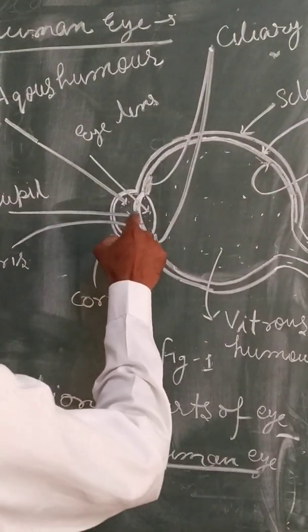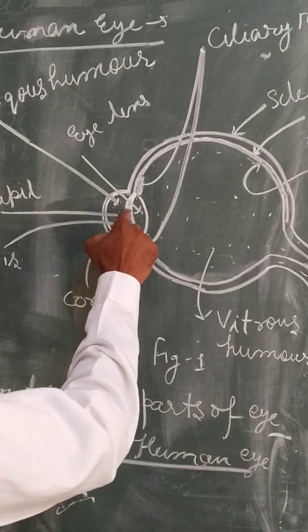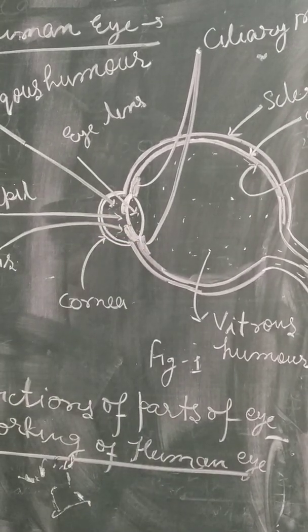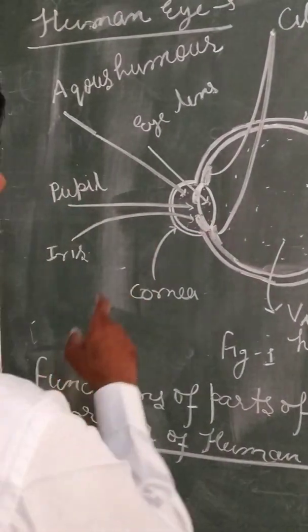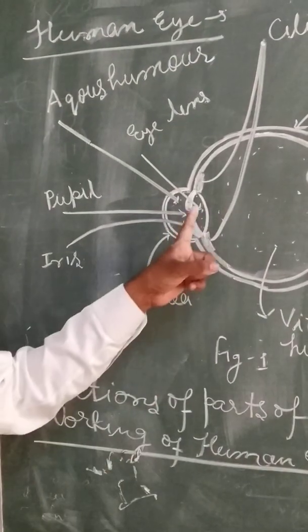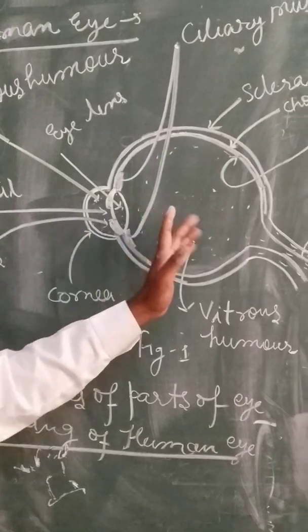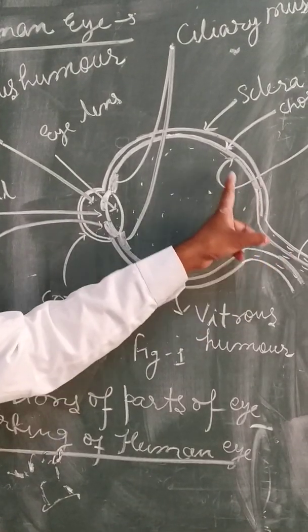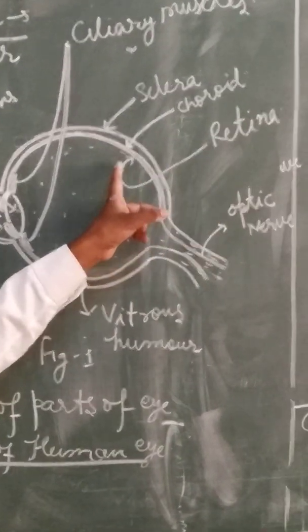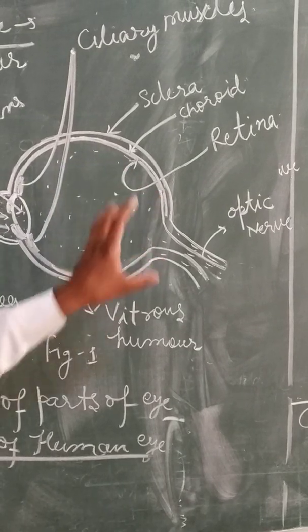The space in the iris is known as the pupil, and after that the light is incident on the eye lens, and after refraction the image is formed at the retina. The retina is known as the screen of the eye.